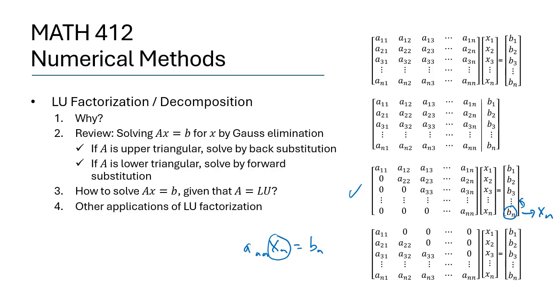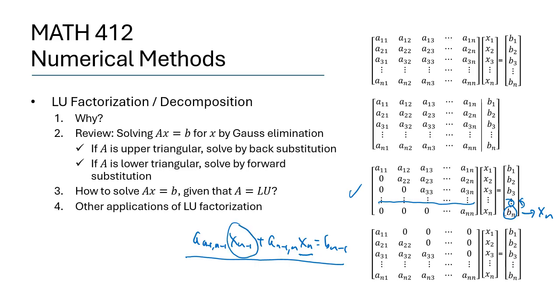As you can see, it's a sub n-1,n-1 times x sub n-1 plus a sub n-1,n times x sub n is equal to b sub n-1. Now x sub n is known, so we solve this equation for x sub n-1. And we can continue just backward, and eventually we find x sub 1. That's the Gauss elimination.